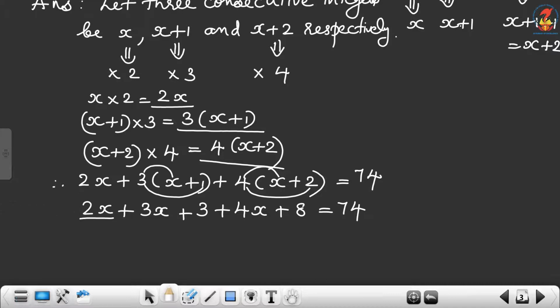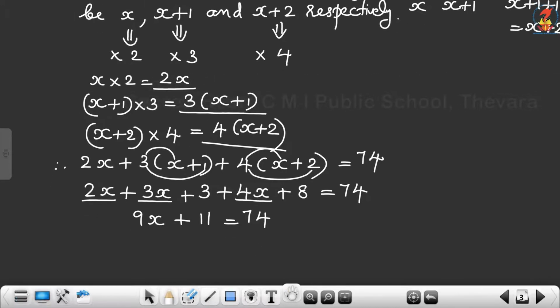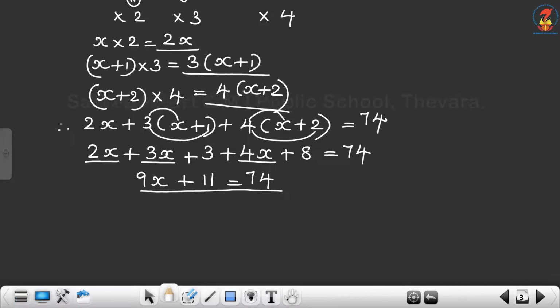Now add the like terms, 2x plus 3x plus 4x. 2 plus 3, 5, 5 plus 4, 9. So 9x plus 3 plus 8, 11, equal to 74. This is the equation: 9x plus 11 equal to 74.